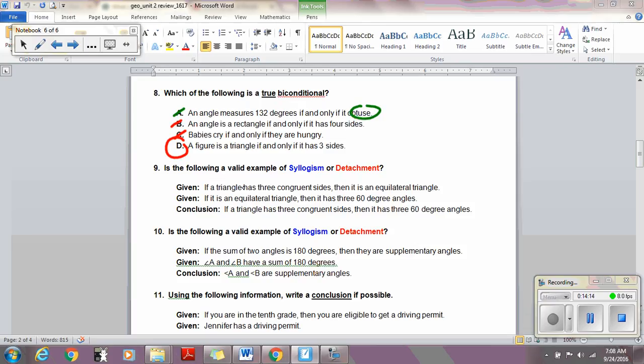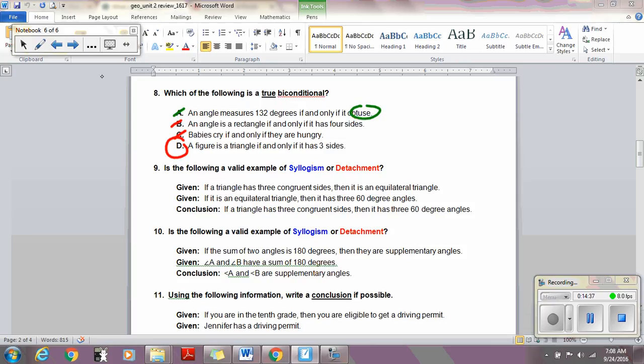Number 9 wants us to use our laws of syllogism or detachment to prove that the conclusion is valid. So the first given piece says, if a triangle has 3 congruent sides, then it is an equilateral triangle.